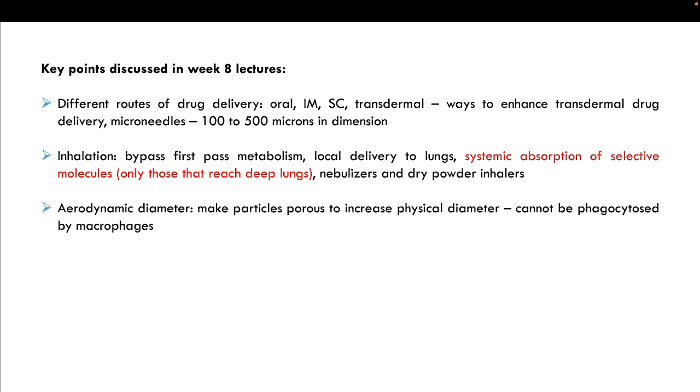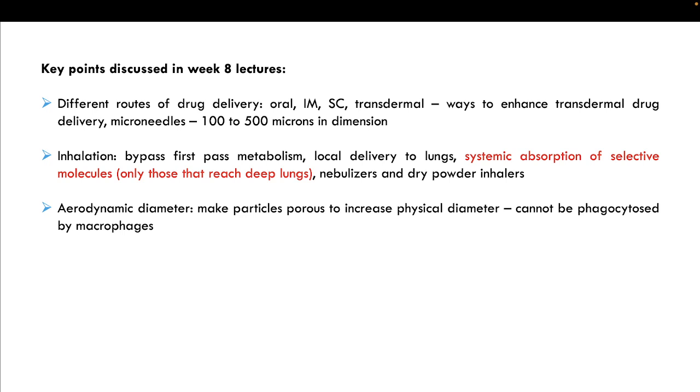Now, if you remember, you must have gone through the lectures, and you must remember this, that the alveolar sacs are lined by a lot of phagocytic cells. These are your macrophages. Since our body has evolved, our immune system has evolved to defend against any foreign material.